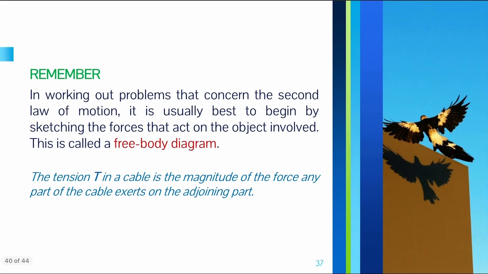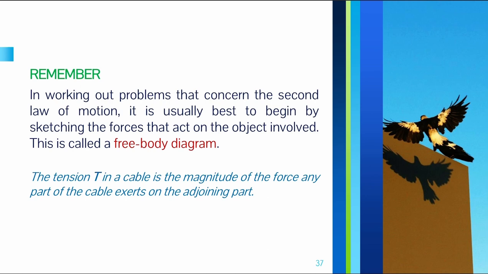But remember, in working out problems that concern the second law of motion or any of the laws of motion, it's usually best to begin by sketching the forces that act on the object involved, which is called the free body diagram. Your drawing doesn't have to be perfect. If the problem involves a horse, you don't have to draw the horse perfectly. You can just draw boxes or dots and arrows, of course, to represent the force.